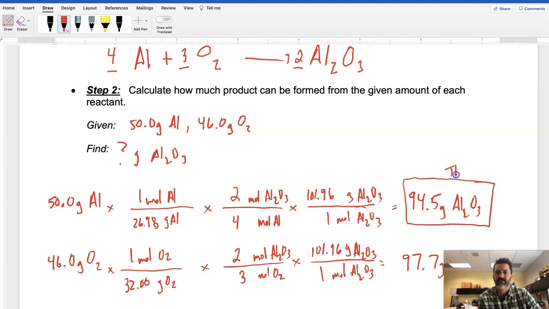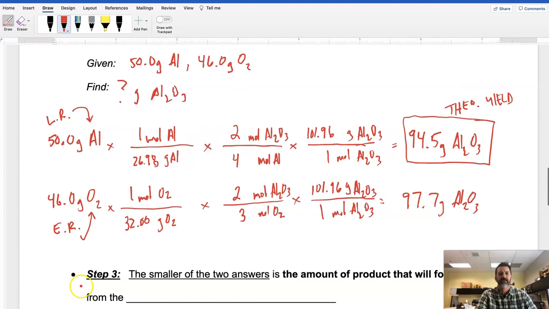So this turns out to be my theoretical yield, which means the smaller amount of product came from the limiting reactant. So that means aluminum is my limiting reactant, which by process of elimination means oxygen is my excess reactant.